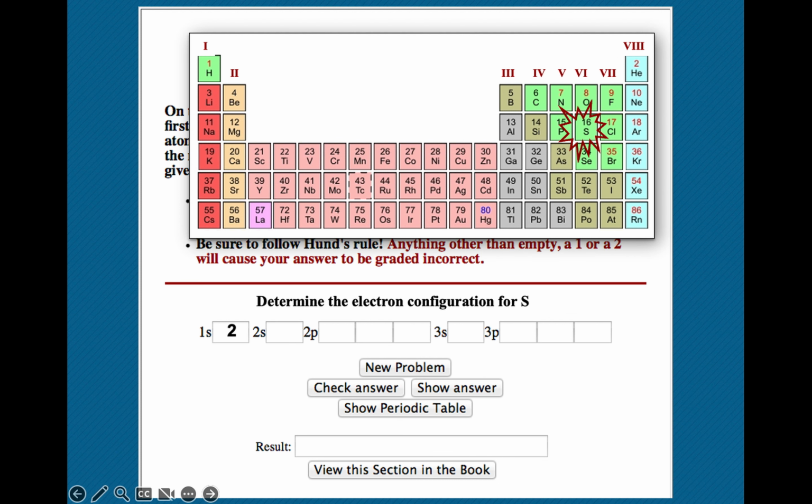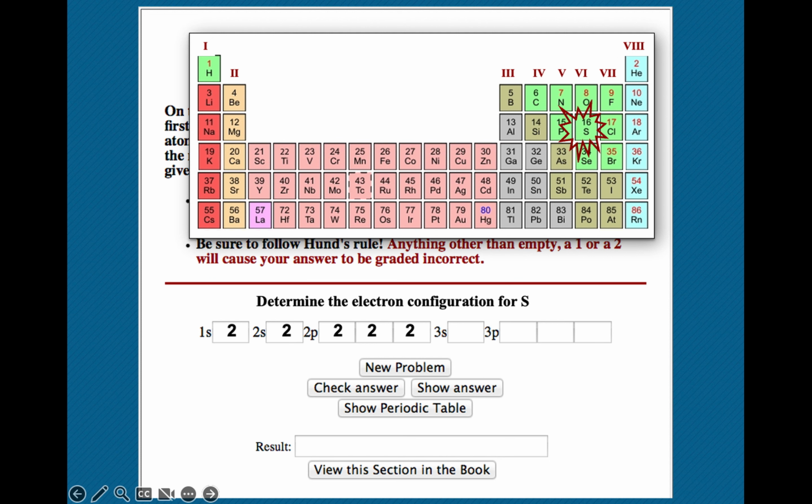The 2s will be completely filled. Put another 2. Now for the 2p's in this one, we have 3 slots. They're going to be 6 electrons because it's full. But we want to realize that these are 3 sets of 2, like that.